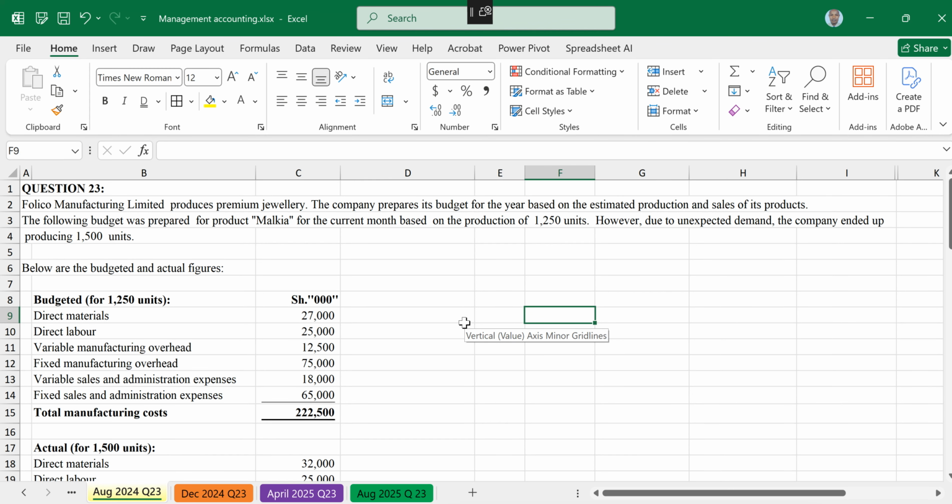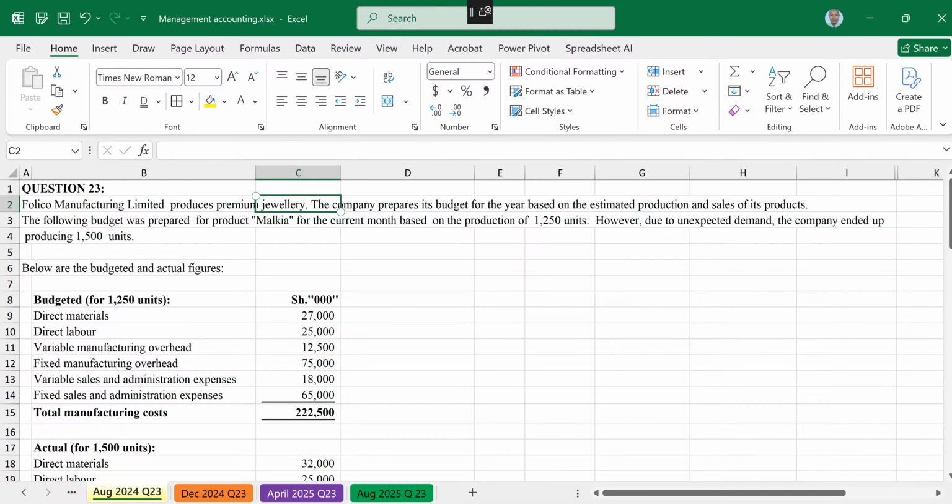Now, business data analytics, August 2024, question 23. The question reads, Follicle Manufacturing Limited produces premium jewelry. The company prepares its budget for the year based on the estimated production and sales for its products.